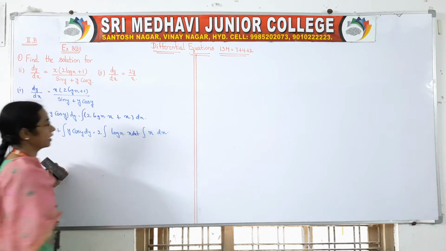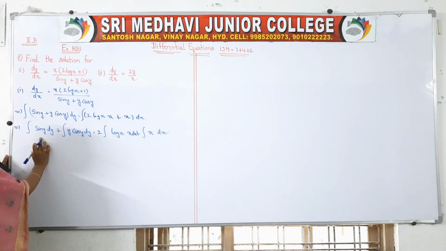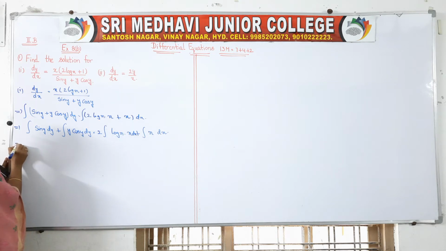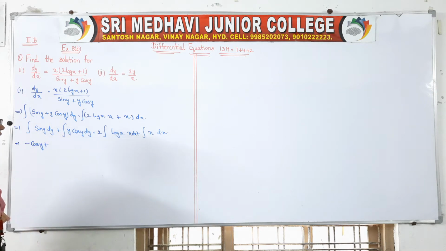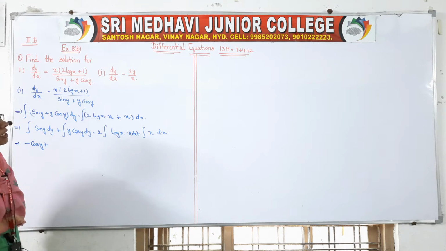Okay, so now what is the formula for integral sin y? Standard form, it is minus cos y. Plus, now you observe carefully, these are two terms we are having and it is product form.